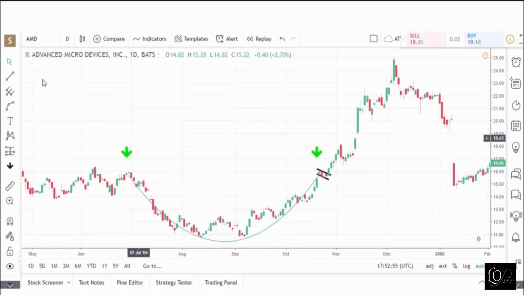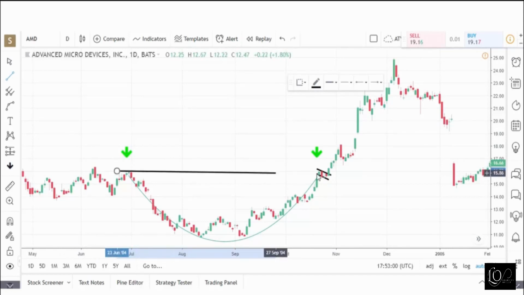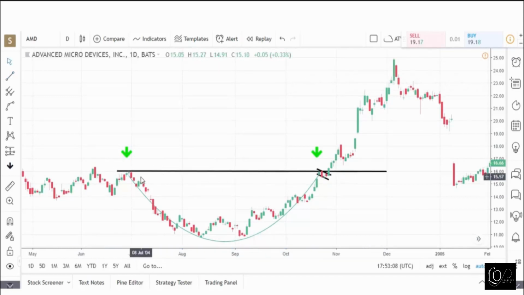the same. The stock has hit the resistance level formed by the left side and the right side of the cup. When it touches that resistance level, you get sellers who've purchased the stock back at the end of June and are now back to even, and they're selling here in October.